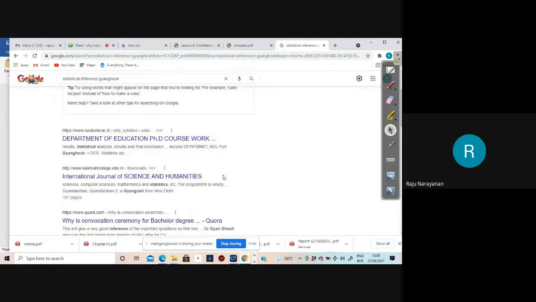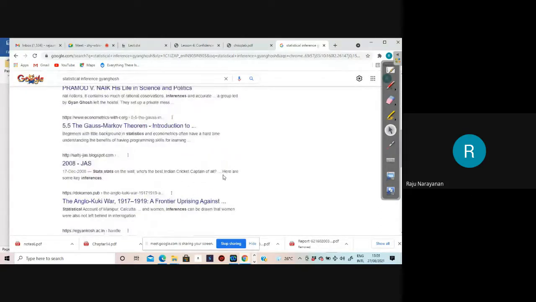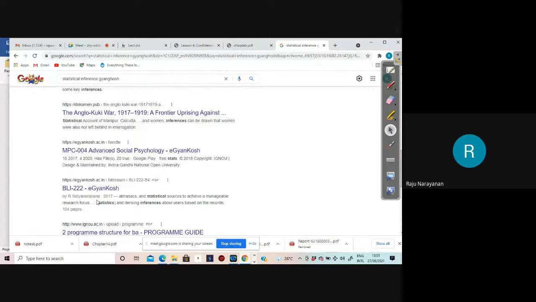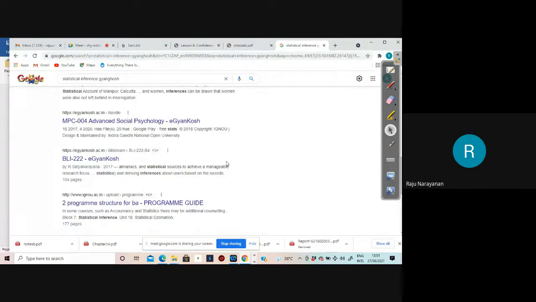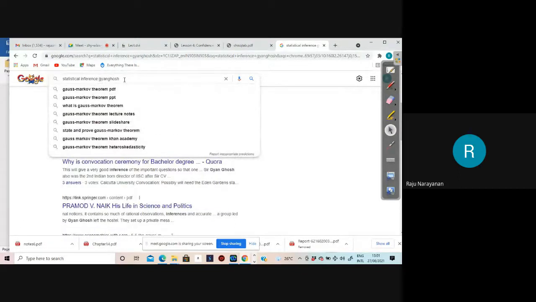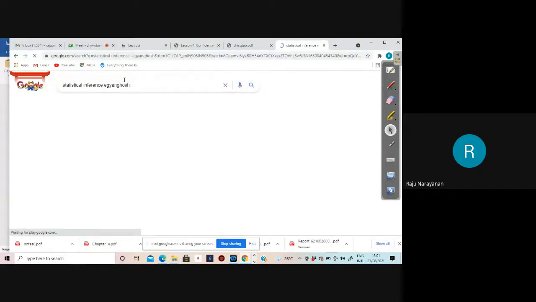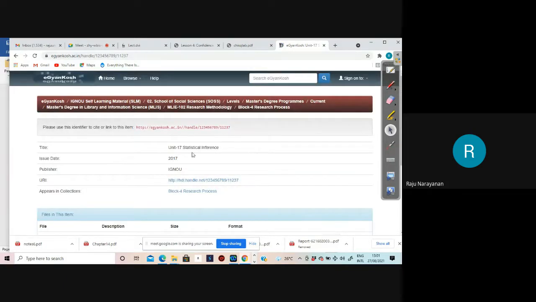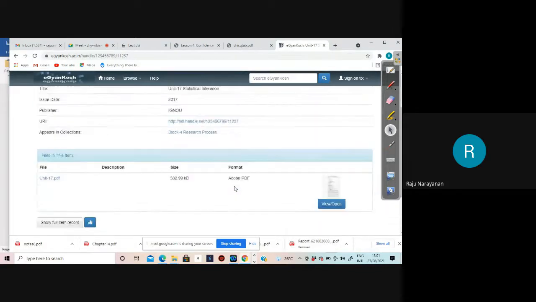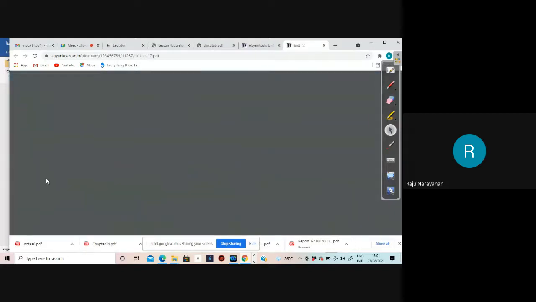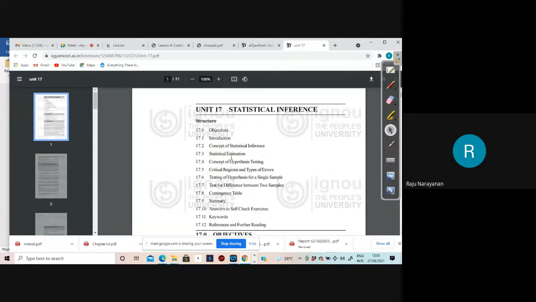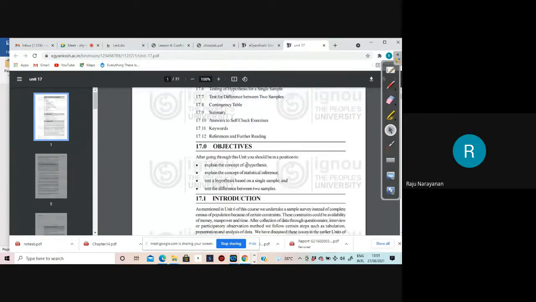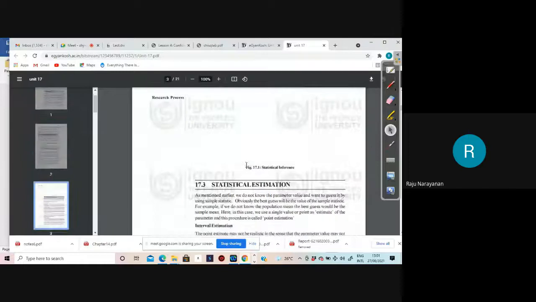You can download this. Concept of statistical inference, statistical estimation, concept of hypothesis testing. It is by IGNOU, the national university.